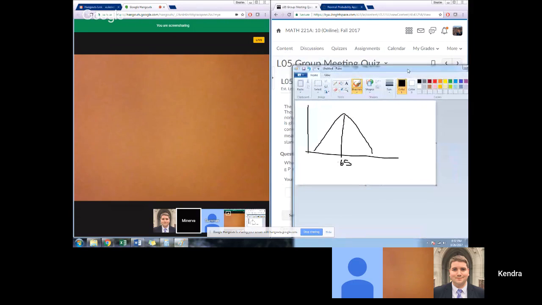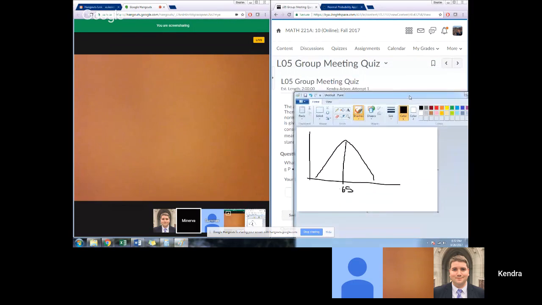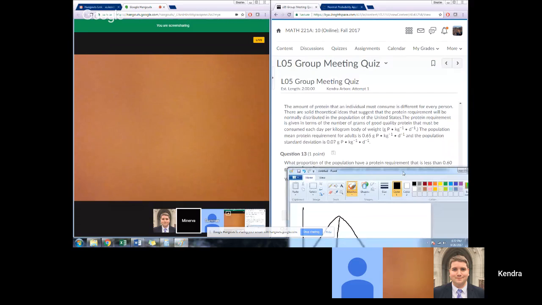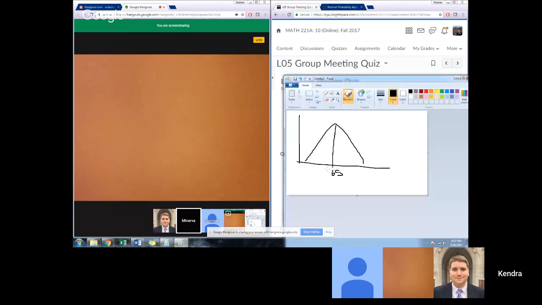Can you guys see this? Is that right or totally wrong? Hang on. Yeah, like that. And then the standard deviation is 0.07, right? So you can go in either direction, 0.07.